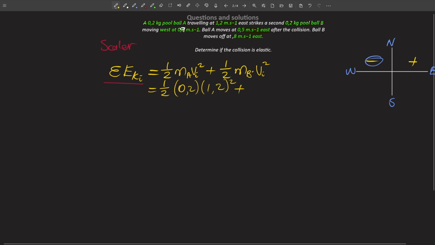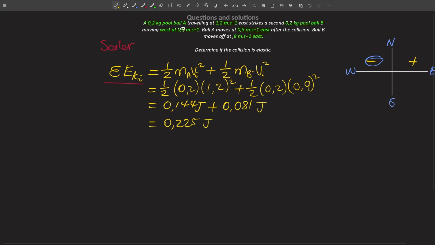And then we will also have half the mass of the second ball, which is 0.2 also, and the velocity here is 0.9 squared. So here I will have 0.144 joules plus 0.081 joules, which is 0.225 joules.